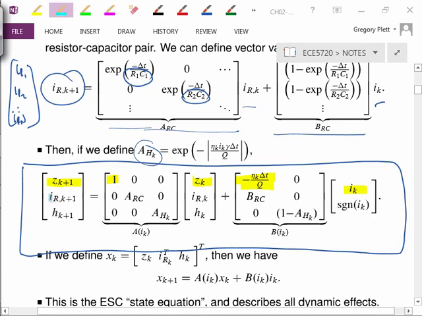The resistor currents in the RC branches are that diagonal A matrix times the previous resistor currents plus the B matrix times the current again, and the hysteresis is the hysteresis factor times the previous hysteresis state plus 1 minus the hysteresis factor times the sign of the input current. So we can organize the equations nicely for writing them in a mathematical form.